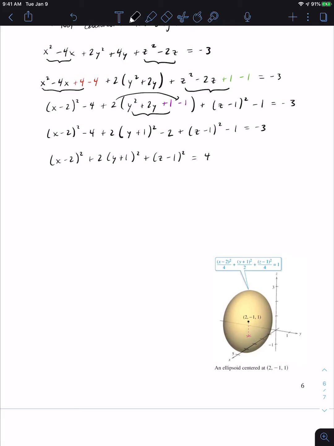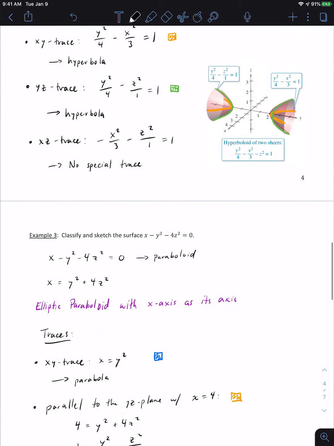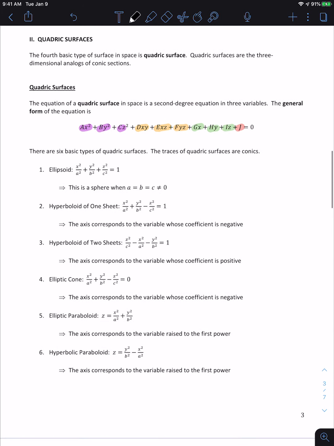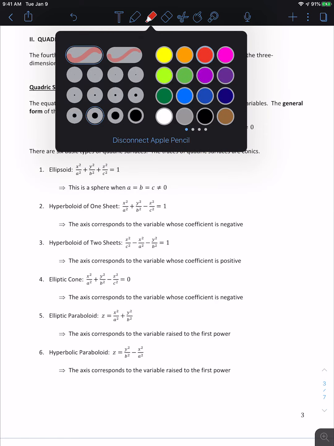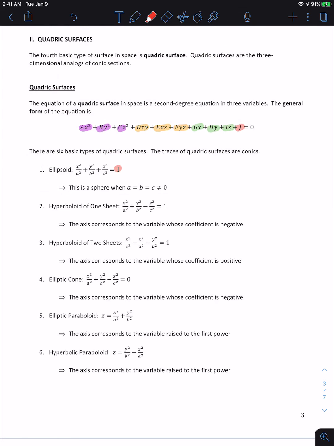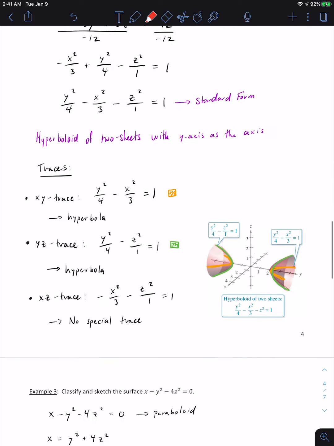And now, I know that this is centered at the point 2, negative 1, 1, and I need to figure out which one of these quadric surfaces it is. But again, I have either 1 or 0, or the variable that's not being squared. In this case, all my variables are being squared, and it's not 0 on that side. So I know it's either going to be an ellipsoid, hyperboloid of 1 sheet, or hyperboloid of 2 sheets, but in any case, I need to get 1 on the other side.